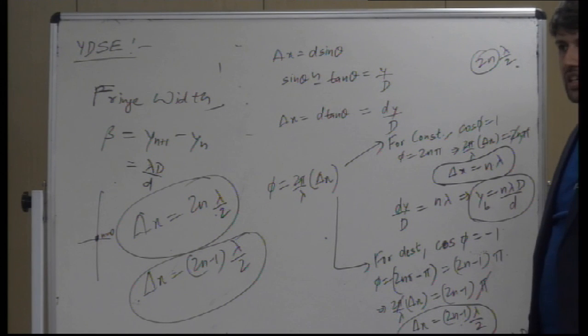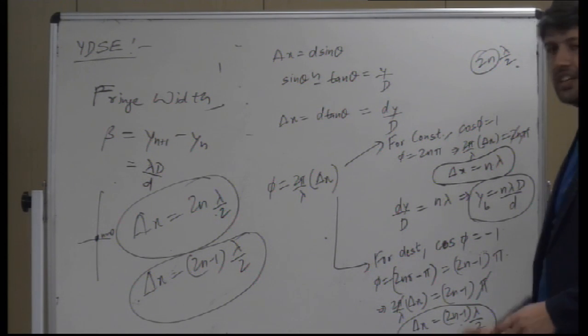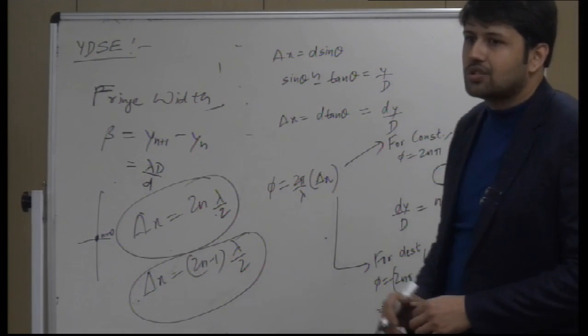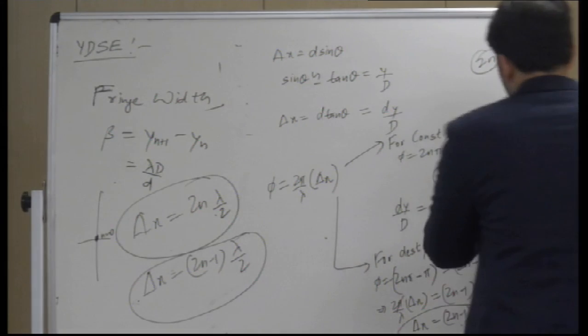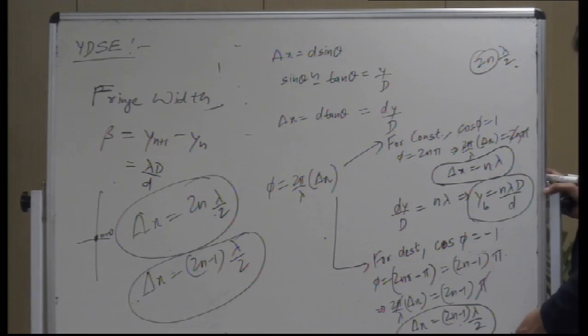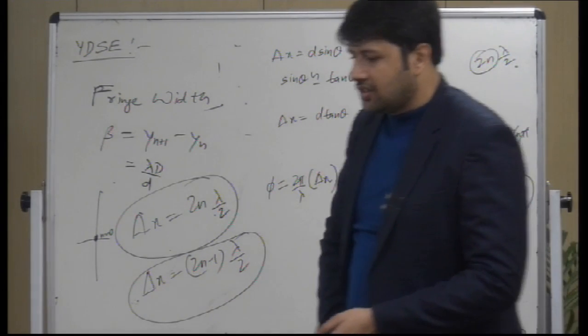If I had used +1 here, I would have to start counting from 0 here also, just like I started counting from 0 here. But 0th dark fringe doesn't exist.